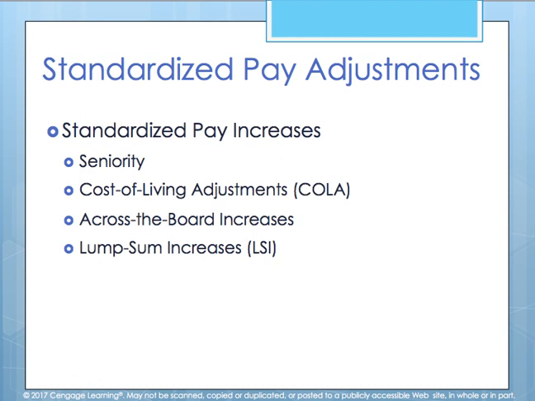Across the board increases, where it just factors in all of the employees, just across the board. Everyone's going to get an increase. And then lump sum increases, rather than it being a case of gradual increase over a period of time. It's in lump sums.